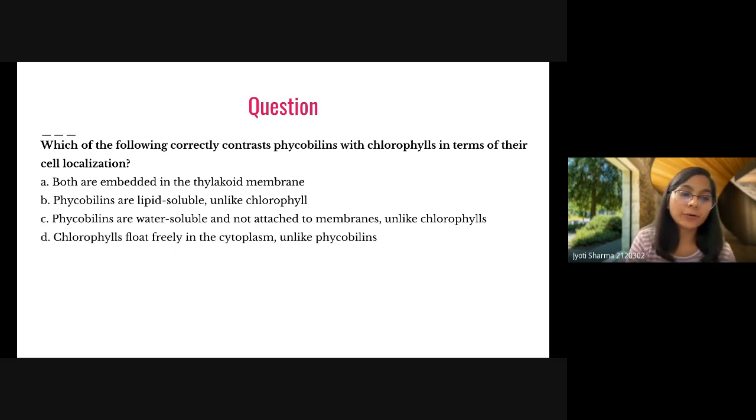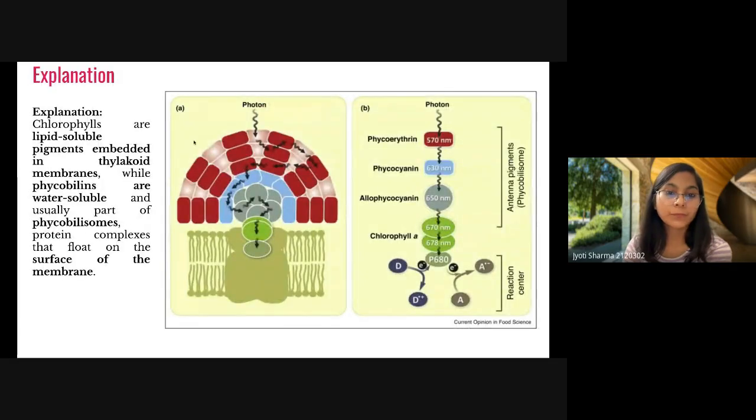We already talked about it in the last question's explanation: phycobilins are water soluble, and they are not attached to the membrane, unlike chlorophyll. So chlorophyll is attached to some membrane. Let me show you the figure.